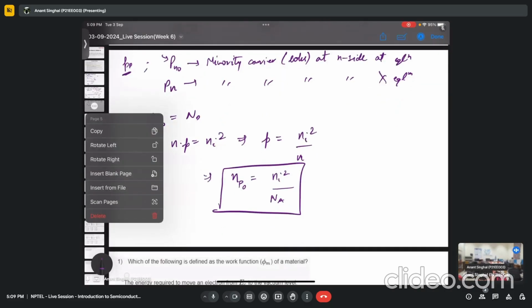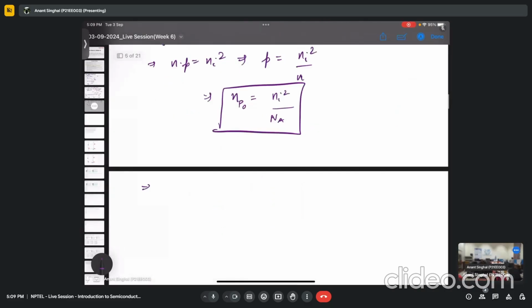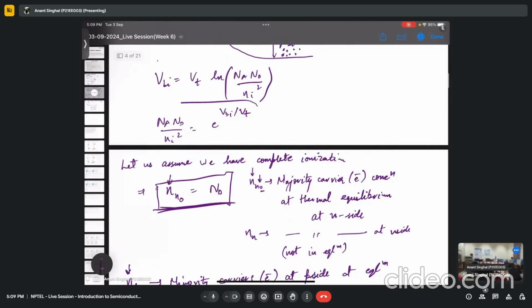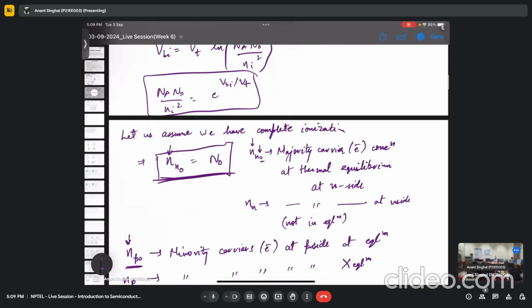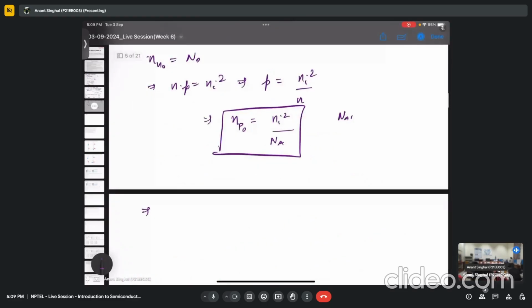What I can write is, I have given you this relation, so I'm writing it again. I had a relation: Na times Nd over ni squared is exponential of Vbi over Vt.